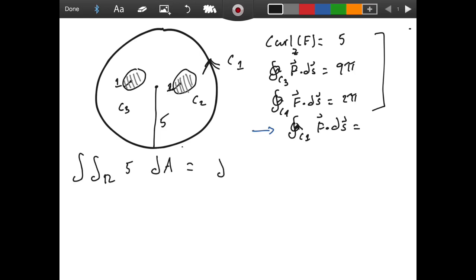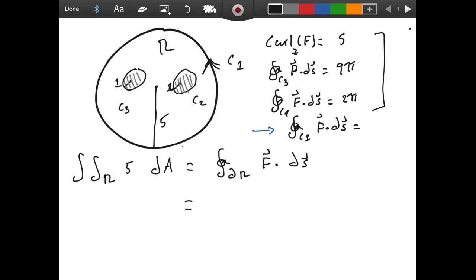Okay, so this is equal to the integral over the boundary of R, where this is the region R here, of f dotted with ds, the line integral of f around the curve. Now the boundary of R has three components: the C1 curve, the C3 curve, and the C2 curve.